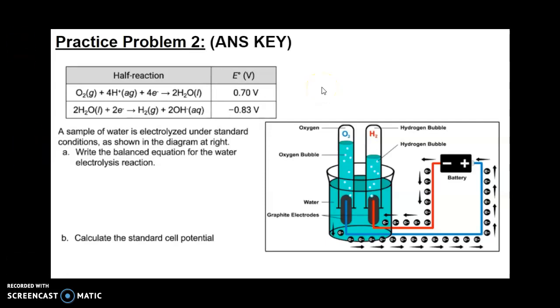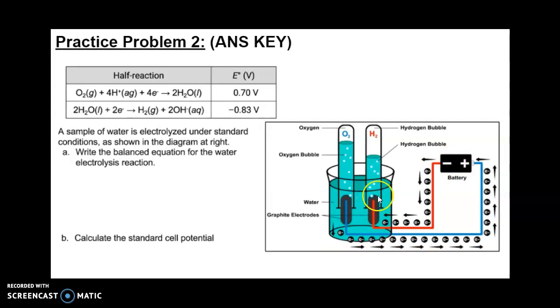Alright, looking at this problem, first we have to identify what is the anode and what is the cathode. For electrolytic cells it can be a little bit more difficult, so what I like to do is follow where the electrons are going. Remember, reduction is gaining electrons. So it seems like this red electrode is gaining electrons because that's where the electrons are traveling.